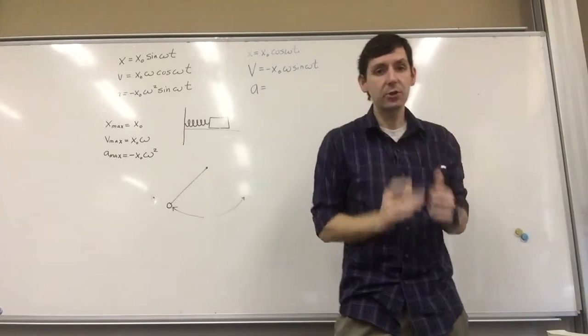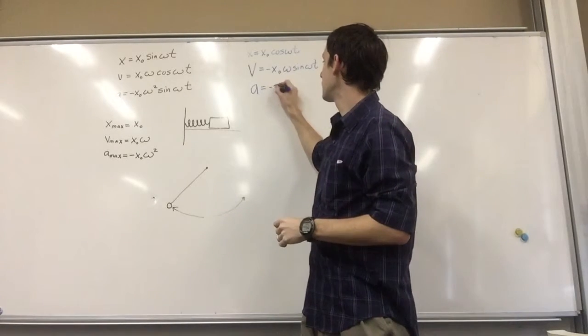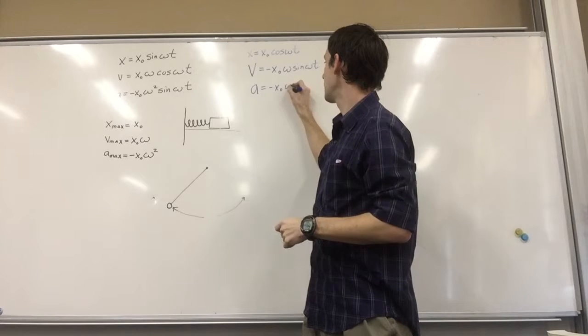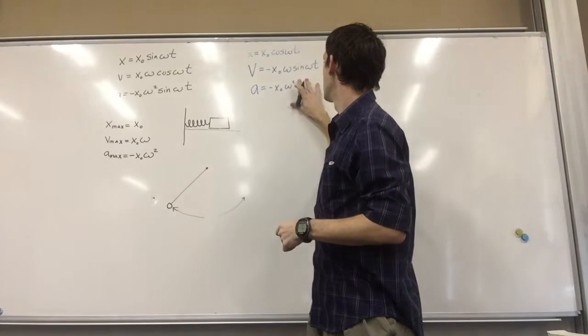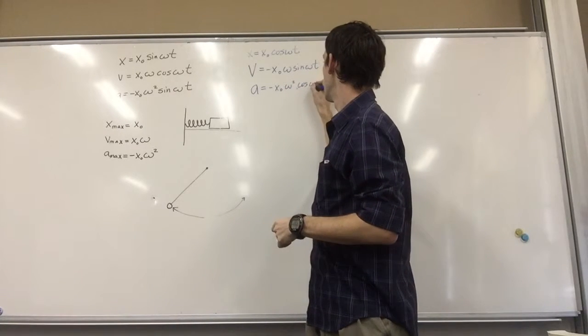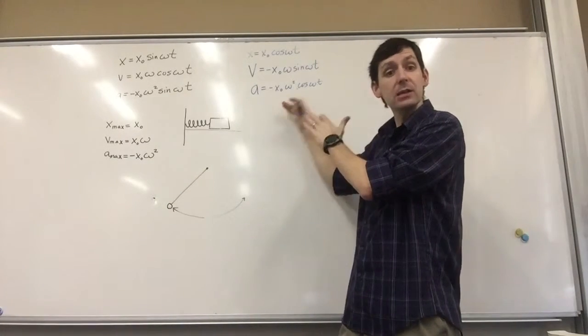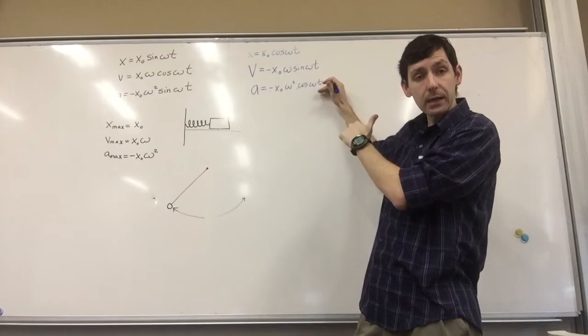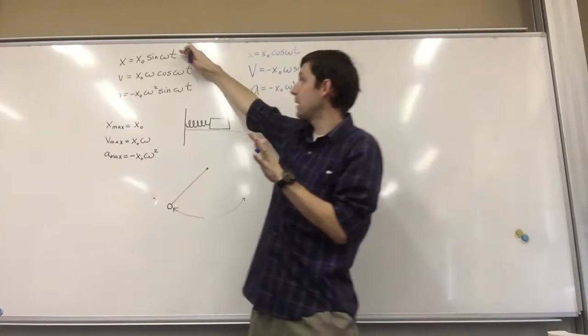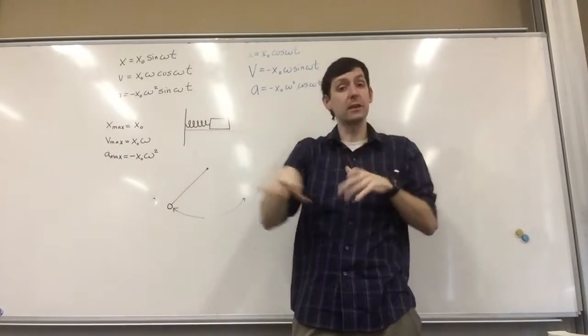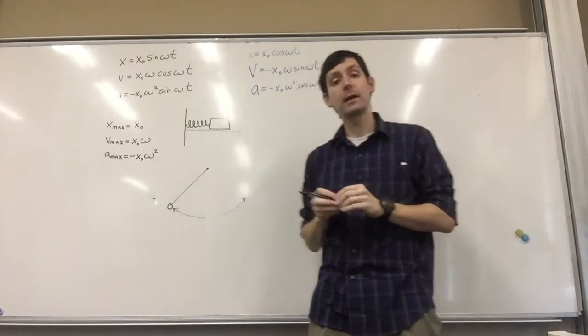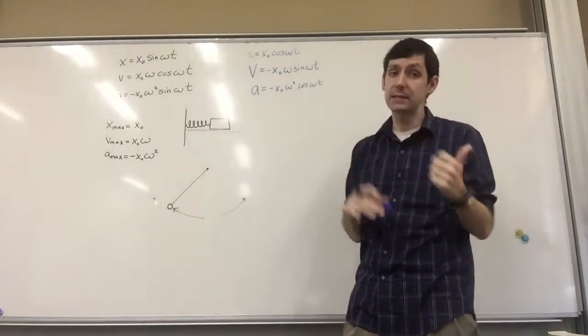And we'll note that when I do acceleration, I end up getting negative x naught omega squared cosine omega t. All right, the negative stays there because when I go from sine to cosine, the sign doesn't change. We saw that in the previous video. So it's important to recognize when the sign is positive and when it's negative.